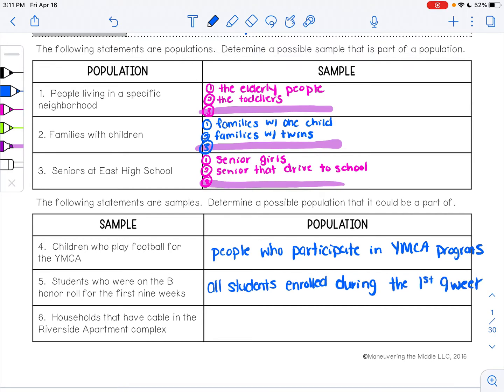So that would include every student, even the ones not on the B honor roll. And then we get smaller and have a sample of those just on the B honor roll. Highlight number 6 and then see if you can come up with a possible population for that sample.